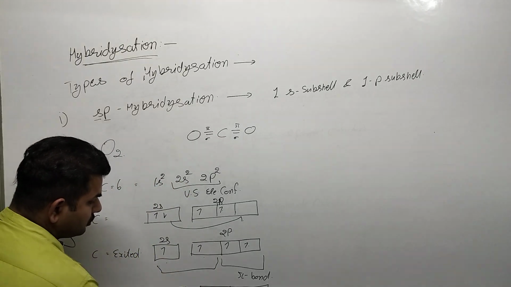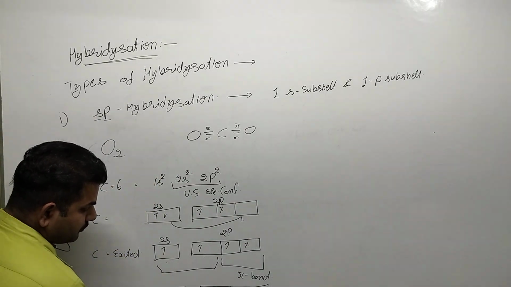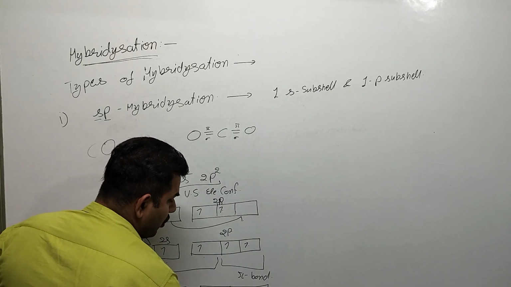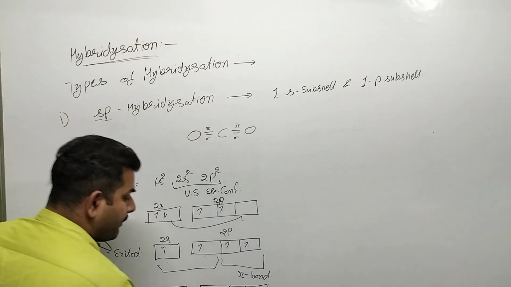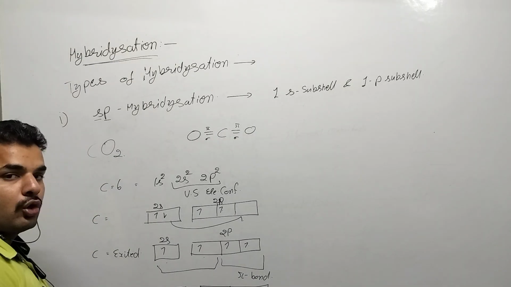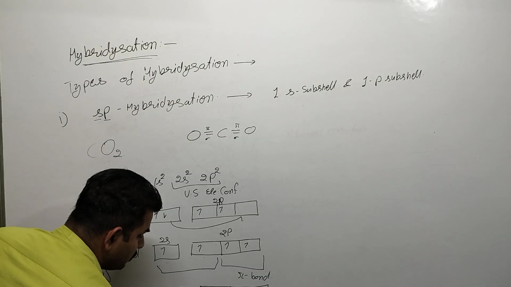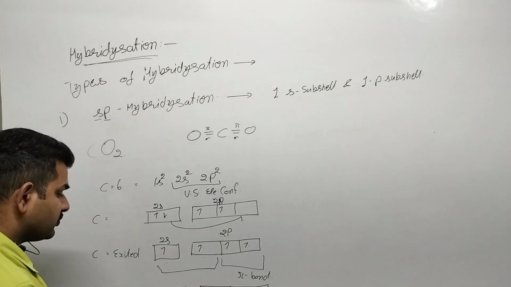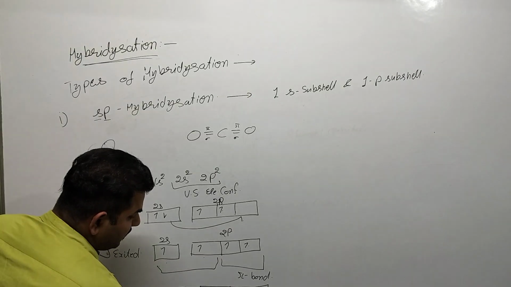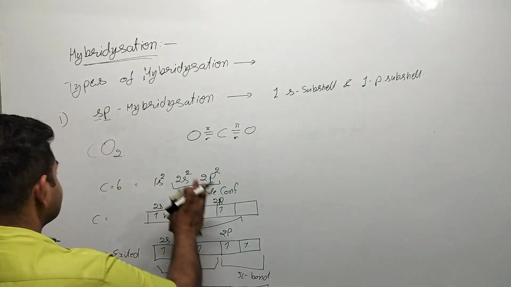These two orbitals used in pi bond formation are not involved in hybridization. Only the other two orbitals form two hybrid orbitals, and that's why carbon in carbon dioxide has sp hybridization.